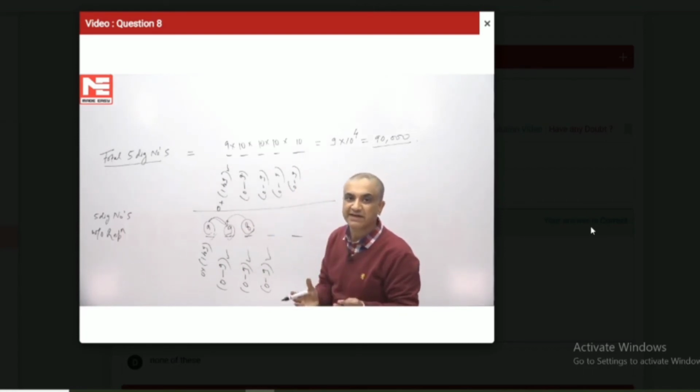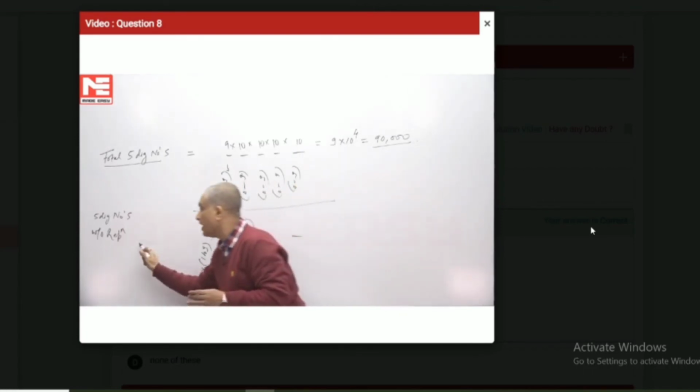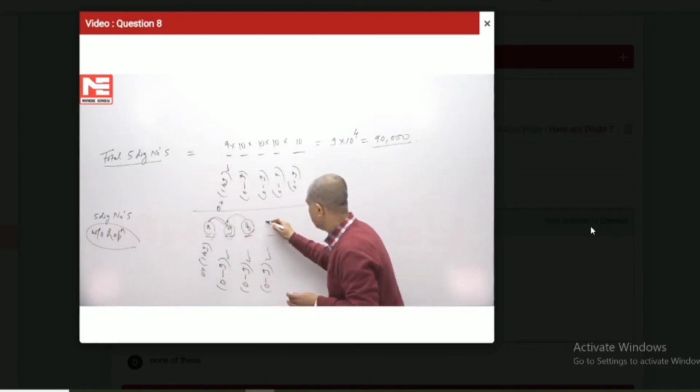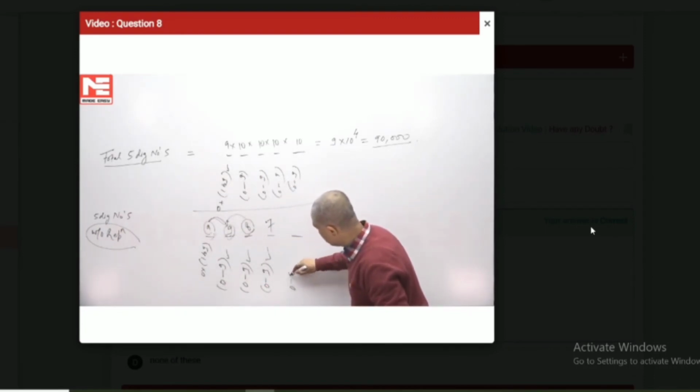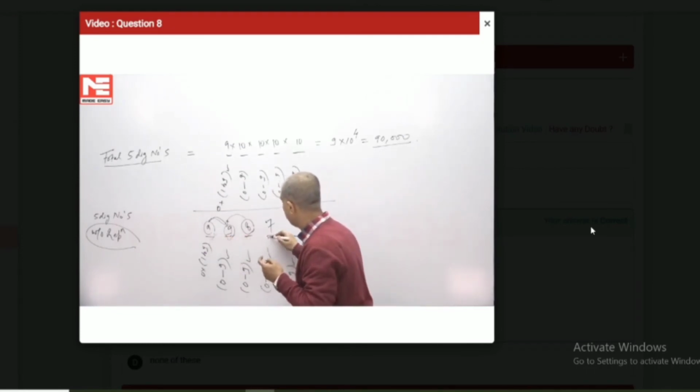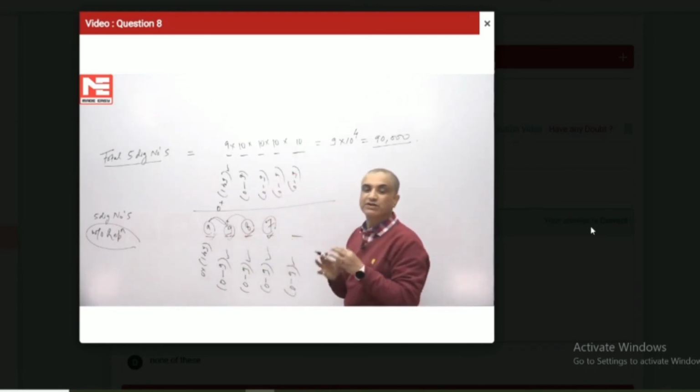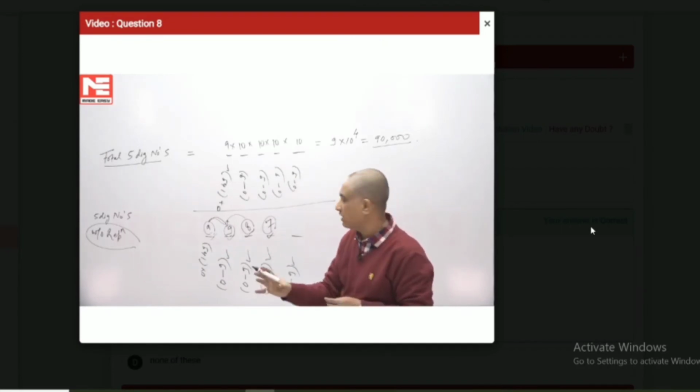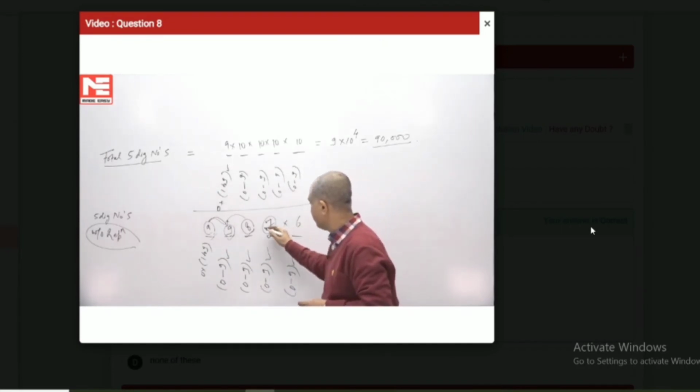They cannot get repeated. I'm finding out without repetition. So this can be done in 7 ways. Then 1, 2, 3, 4, these 4 digits are not allowed because they have already been used, so this can be done in 6 ways.